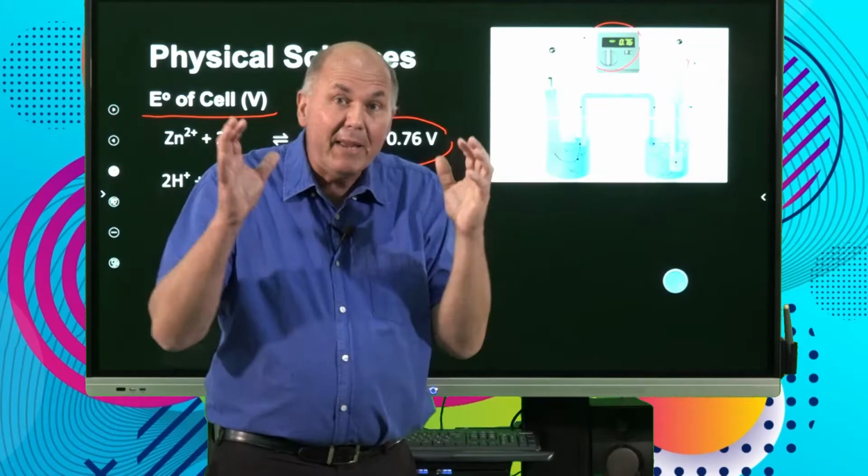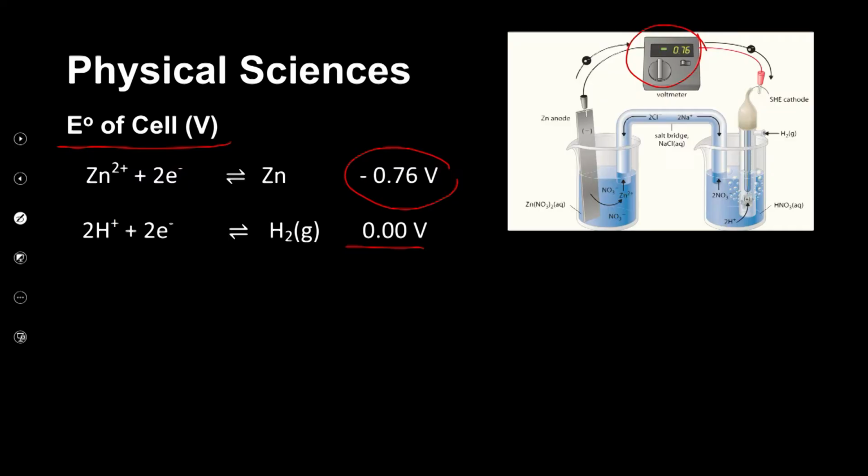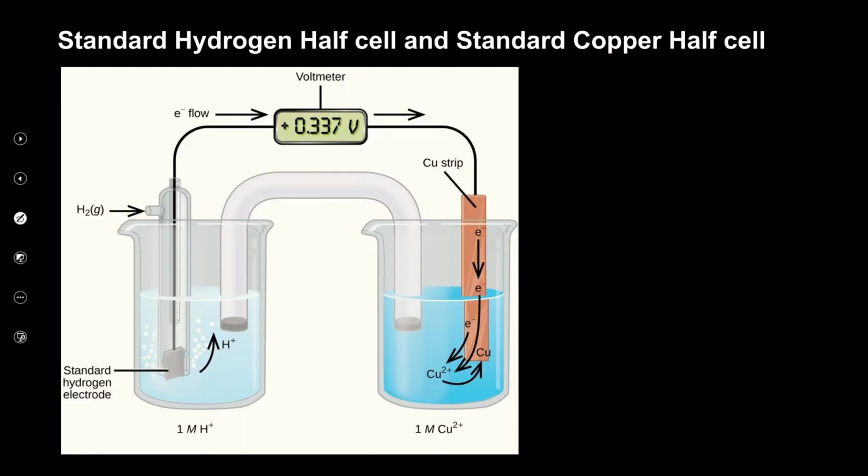Now, bear this in mind. We're going to do lots and lots of these readings. And in fact, let's move on and we'll look at the next one, which is the copper cell. There's the copper strip. And now what you recognize is we've got a positive reading on the voltmeter, and the standard hydrogen electrode is now the anode. The electrons are coming from that reaction.